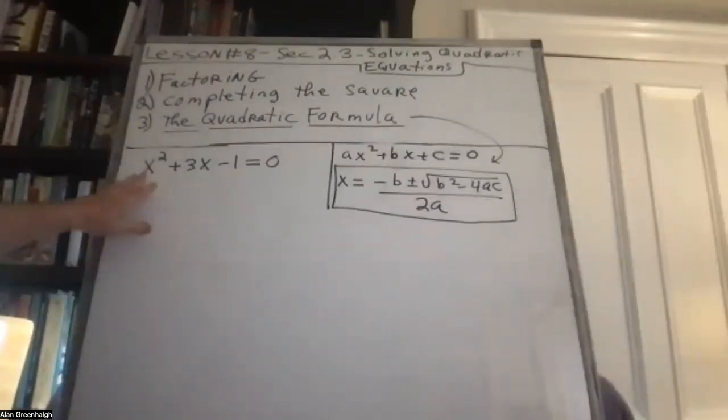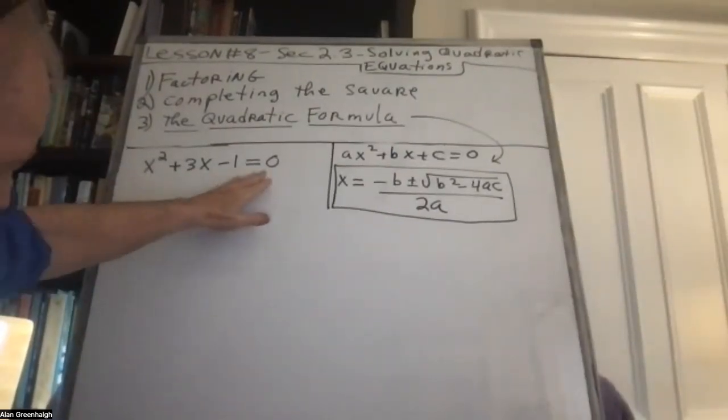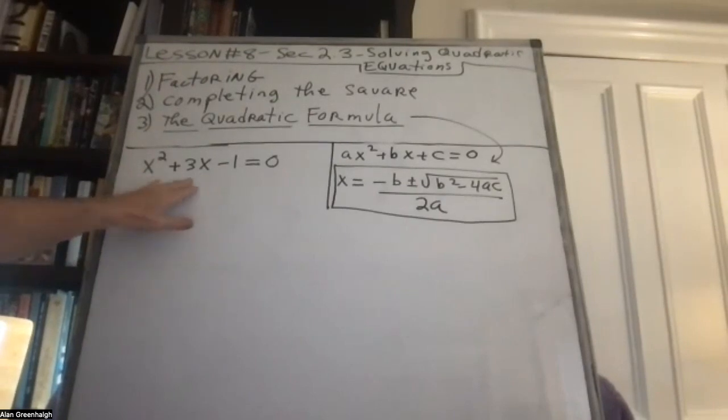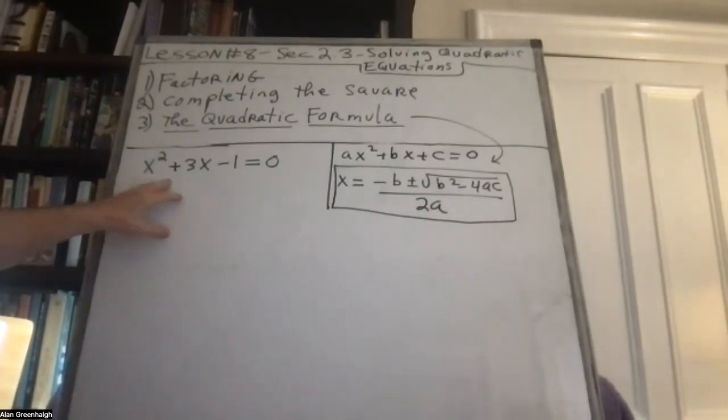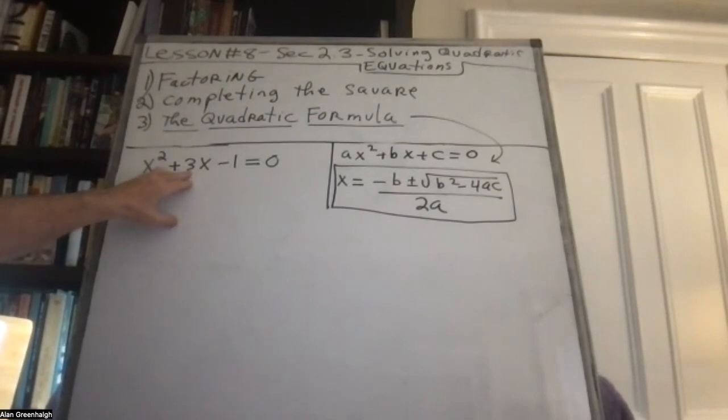Now, this quadratic equation that I just gave you cannot be factored. As a matter of fact, if we wanted to do this problem by completing the square, it would be very difficult because the middle term is an odd number.